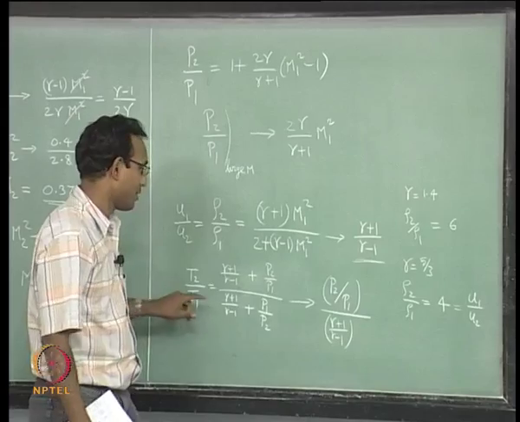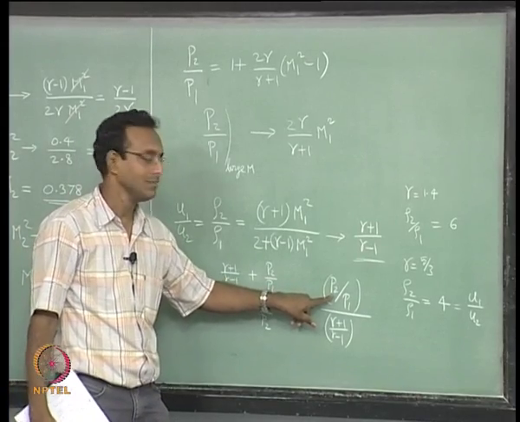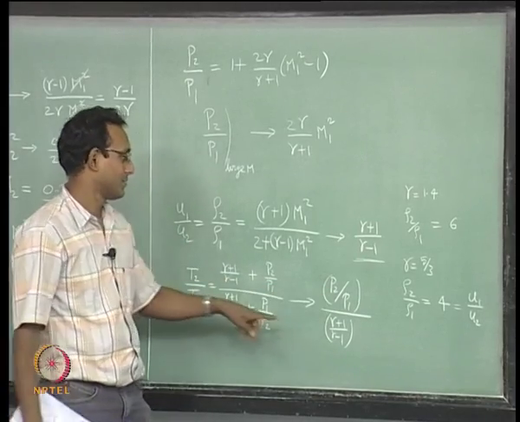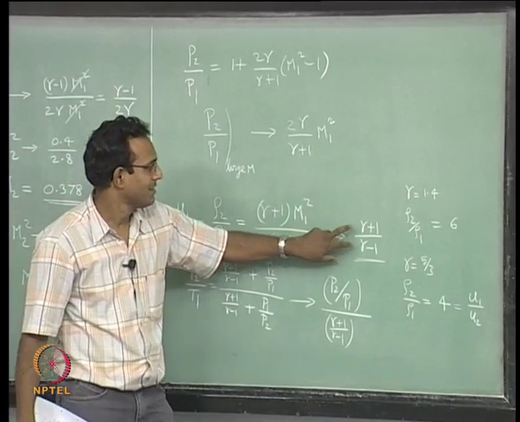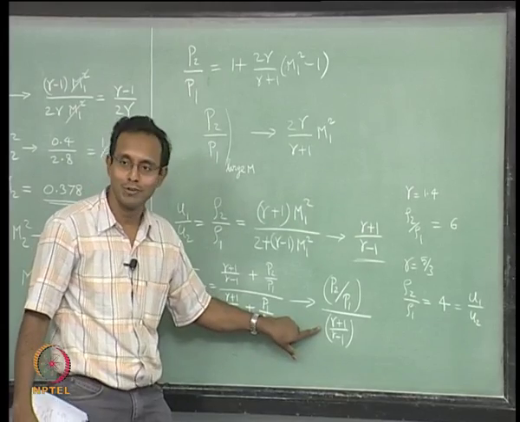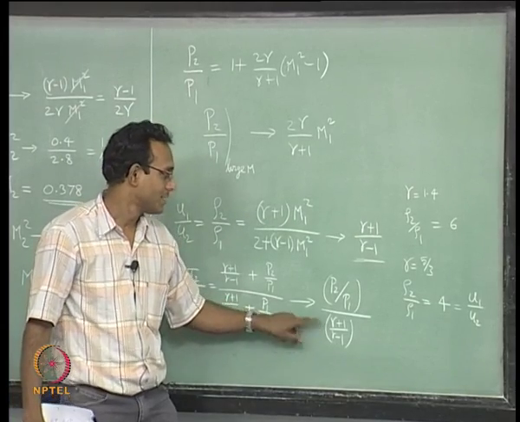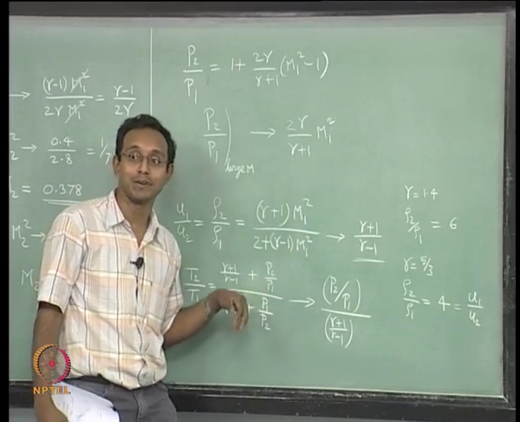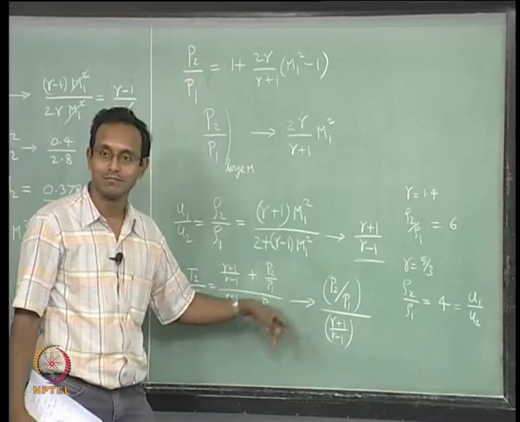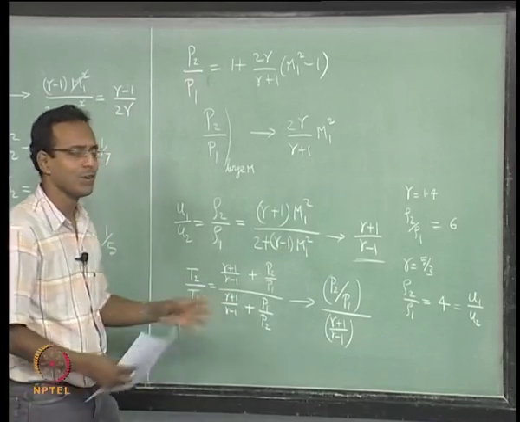So, T2 by T1 will also tend to infinity, but not as fast as the other one, because this number is always more than 1. We just did some calculations roughly, we found that that is 6 for gamma equal to 1.4. So, temperature goes up slower across a shock compared to pressure, pressure goes up faster, which is what we saw in the plots.